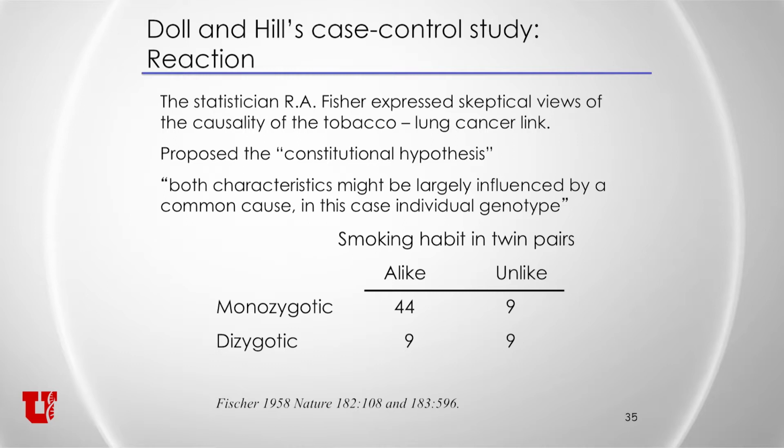And so he actually had some data about twins and smoking habits in twin pairs. What he found was that monozygotic twins very often had alike smoking habits, whereas dizygotic twins were equally likely to be alike or unlike the other twin in their smoking habits. And in fact, a lot more research and a lot more information about genetics and DNA today does show that there is a genetic component to addiction and to things like smoking habits.